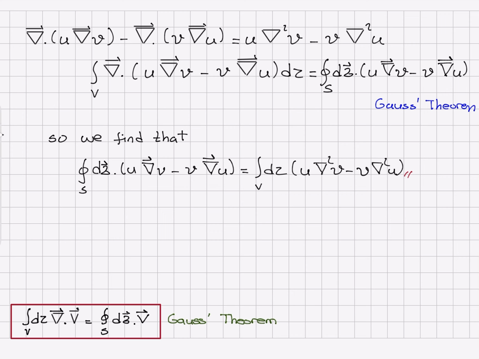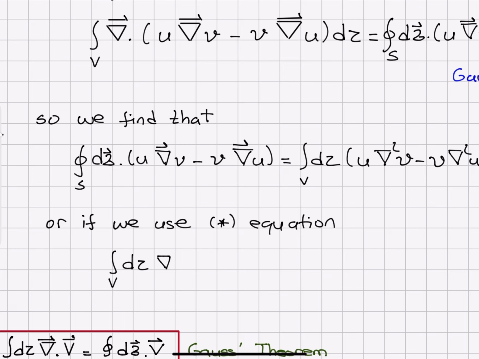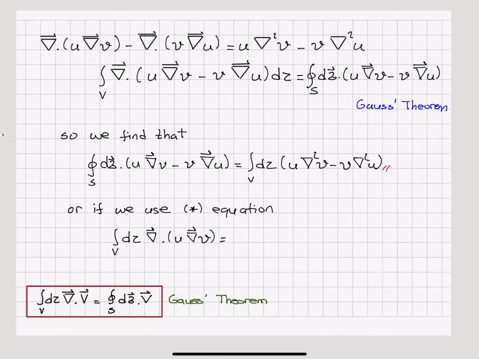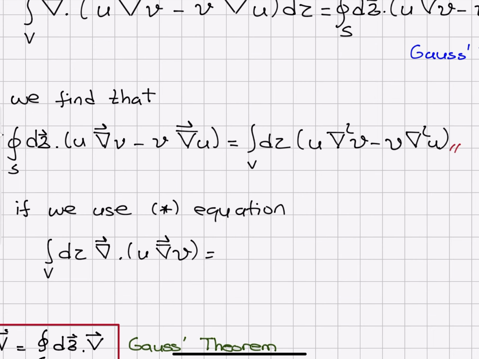Now if we use the star equation instead, we have the volume integral d tau of the divergence of u gradient of v, the star equation, and that's equal to, using Gauss theorem, the closed surface integral d sigma dot product with u gradient of v.